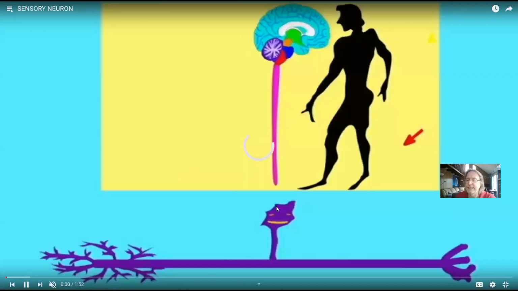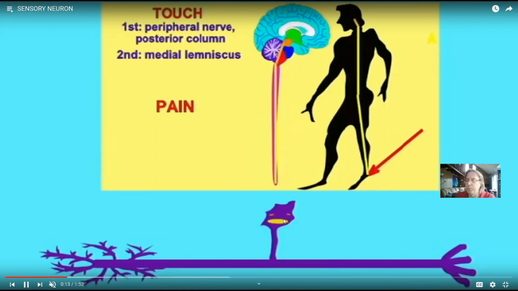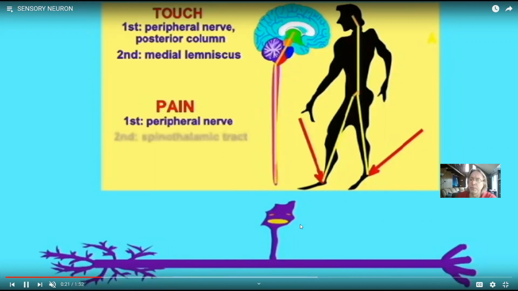So if this sensory neuron is a bit unusual in its shape, where the soma is in the middle, the question is, where do you put it? And the answer then is you would put it in a ganglion, and a ganglion is the name we have for a cluster of soma outside the brain or spinal cord.